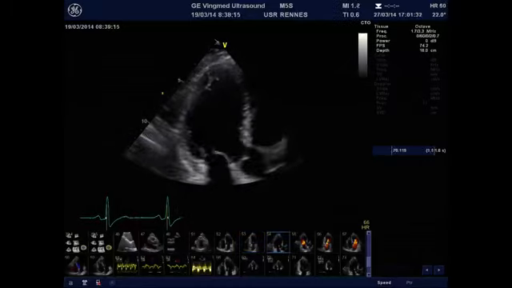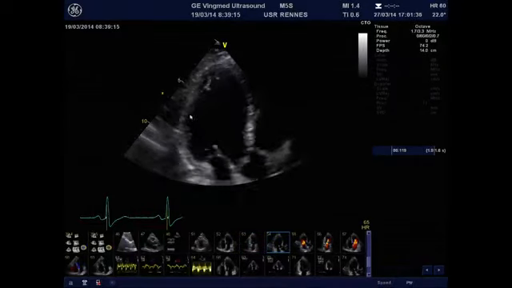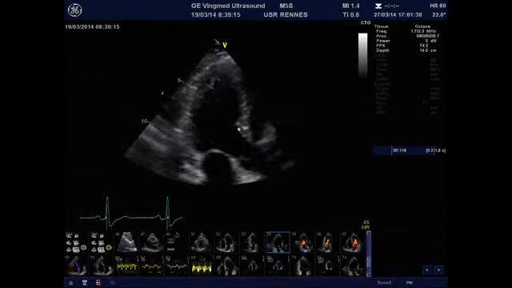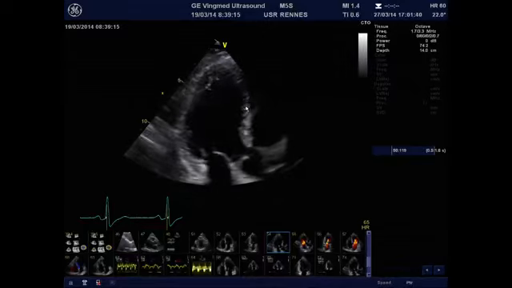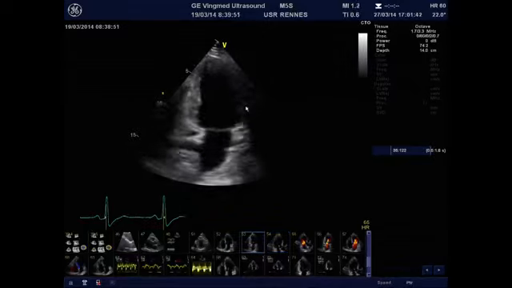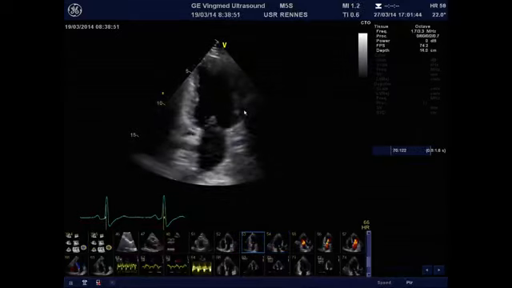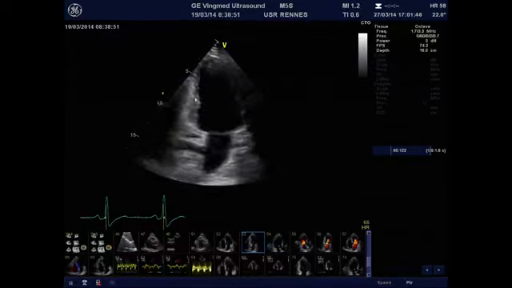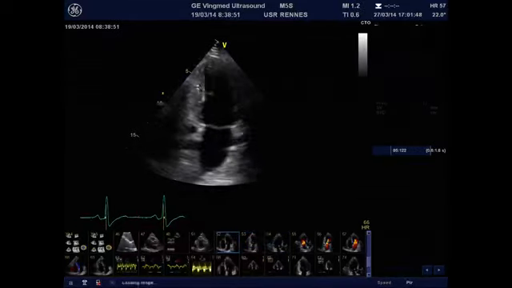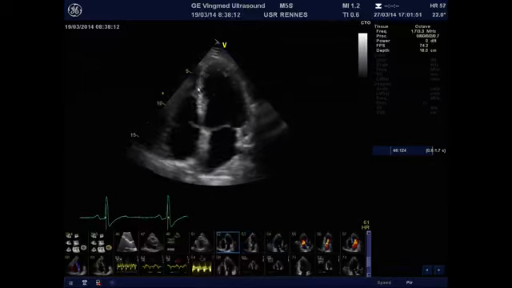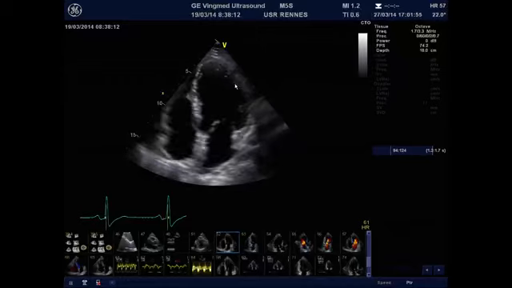On this apical 3-chamber view, we have here the inferior lateral wall, the septal wall. On the apical 2-chamber view, we have the anterior wall and the inferior wall. And on this apical 4-chamber view, we have the septal wall and the anterolateral wall.